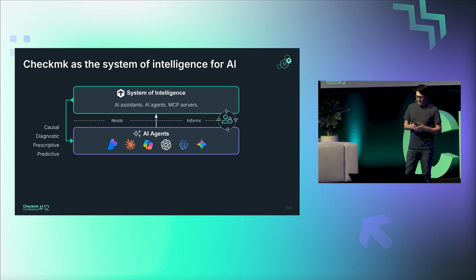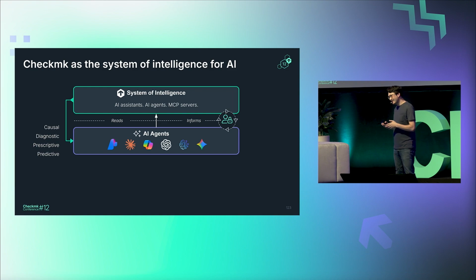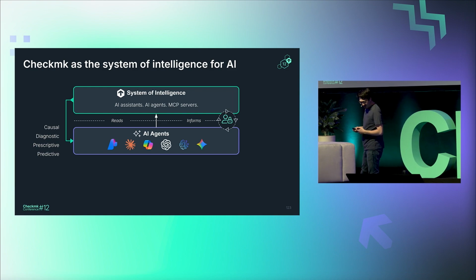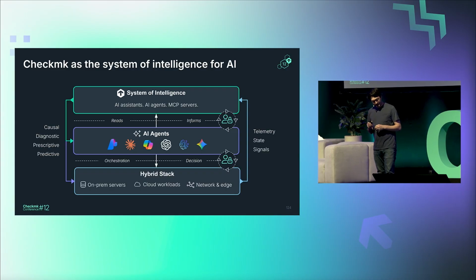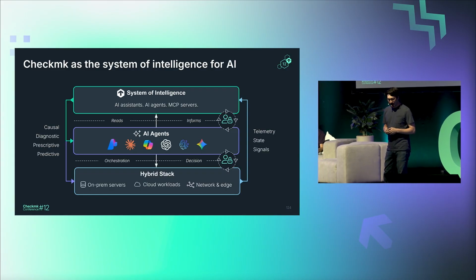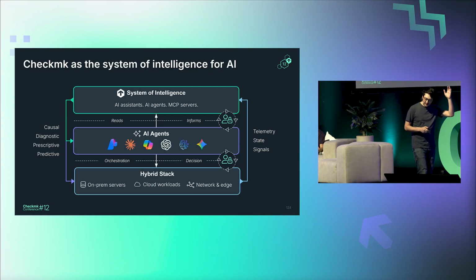So that your infrastructure agent can take that context and reason and identify the actual root cause. And now it either fixes it or it tells you exactly how to do so. And at the bottom of it is your hybrid stack: on-premise, cloud, network, on the edge. And then approved fixes flow down and become real changes in your system.